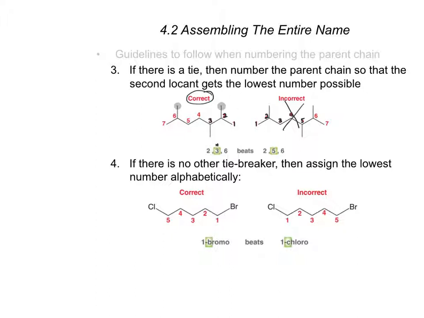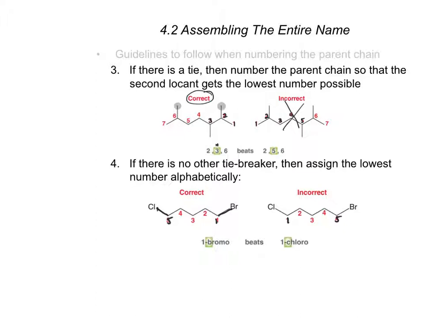So in this guy, we have a bromine substituent and we have a chlorine substituent. If I started numbering here, I would have a substituent at 1 and I would have a substituent at 5, right? If I started numbering here, I would have a substituent at 1 and 5. So none of my rules thus far break the tie on who actually I'm going to number 1 versus 5. At this point in time, we want to give the lowest number to the lowest alphabetical organization, right?